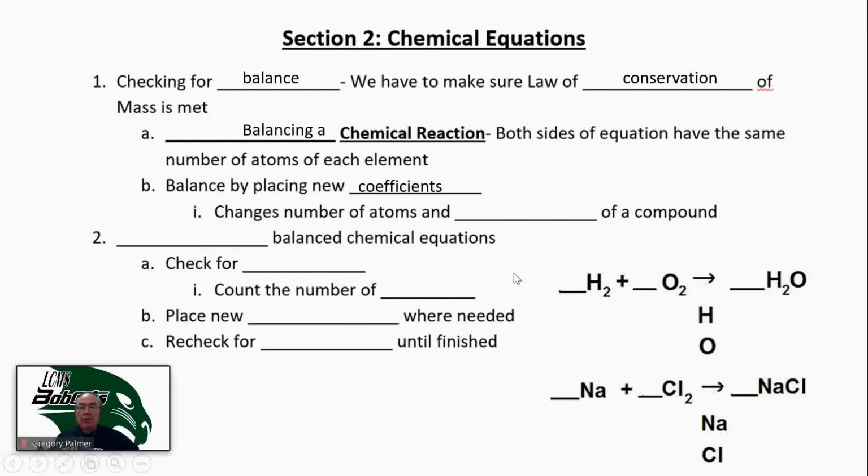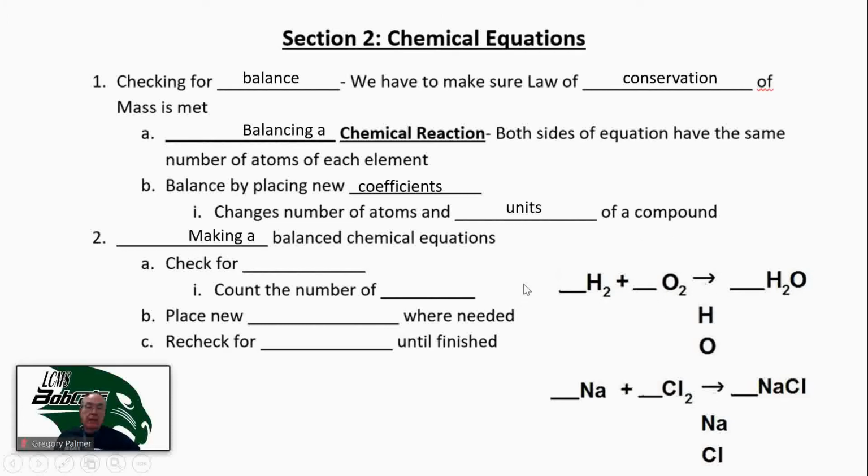And we can change it by placing new coefficients in front of the formulas or the symbols. Now, we can't change the subscripts. When we change the subscripts, we would be changing the ingredients in the reaction. The coefficient changes the number of atoms and units of a compound that are in the equation.